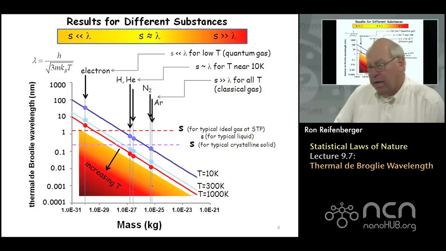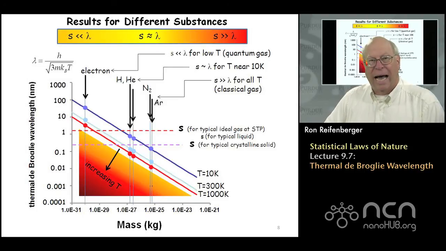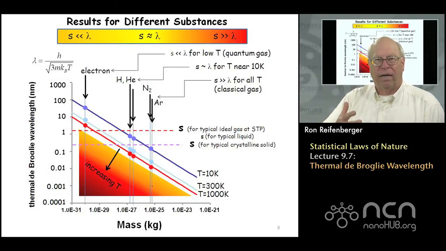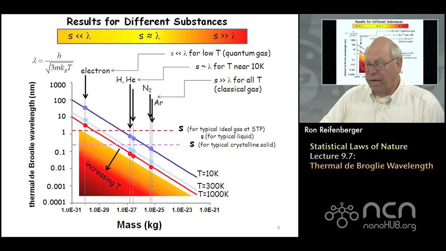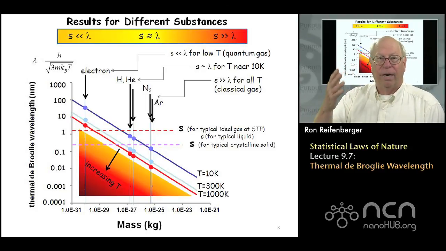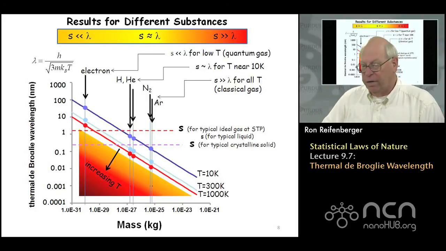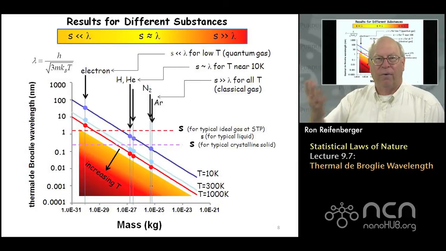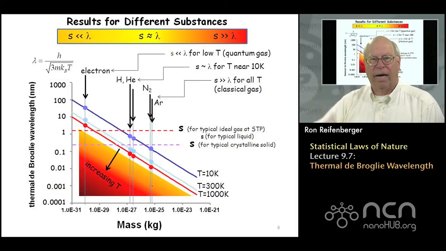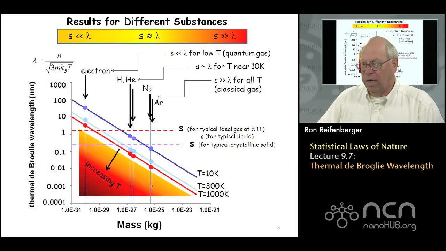So you have to think about this a little bit, but after you listen to this lecture, you should be able to decide: if I give you a system of atoms at a particular temperature and a particular density, you've got to know how many gas atoms there are per cubic meter, you should be able to take that information and make a prediction about whether the system is going to be governed by classical or quantum statistics.